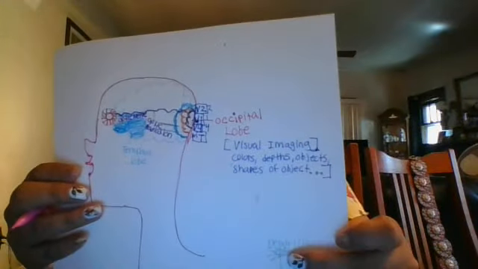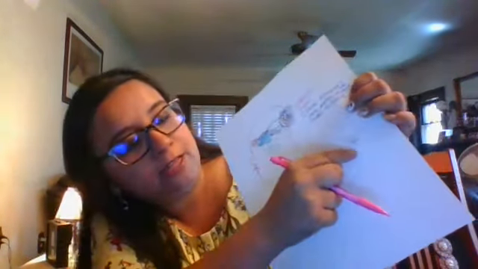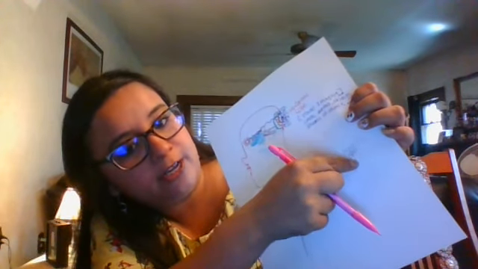That's how I visualize it anyways. So that's your dendrites right there. And here's your axon. So that line connected to the dendrites is your axon.